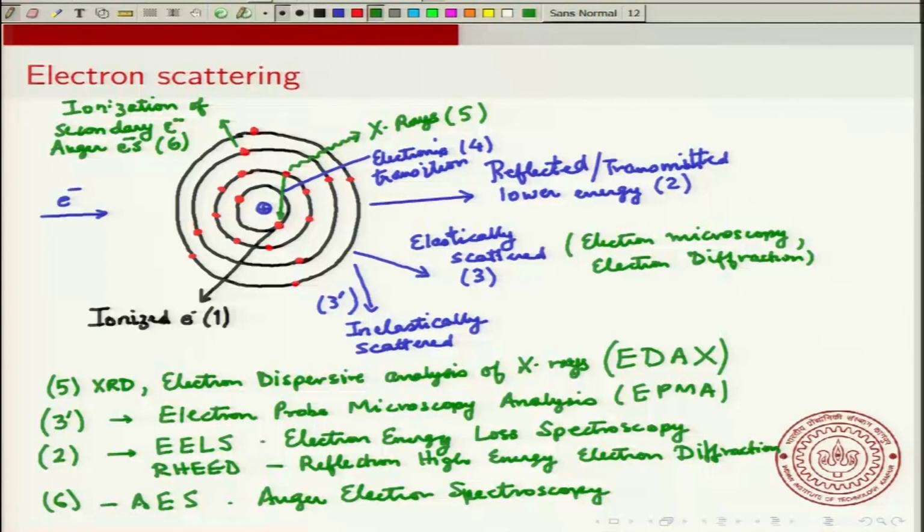Now, let us go to electron microscopy. I will just show schematically. We showed the general setup of microscopy. Now, let me show this in a slightly different way, just to emphasize the fact that you can use the same setup both for microscopy and for diffraction.